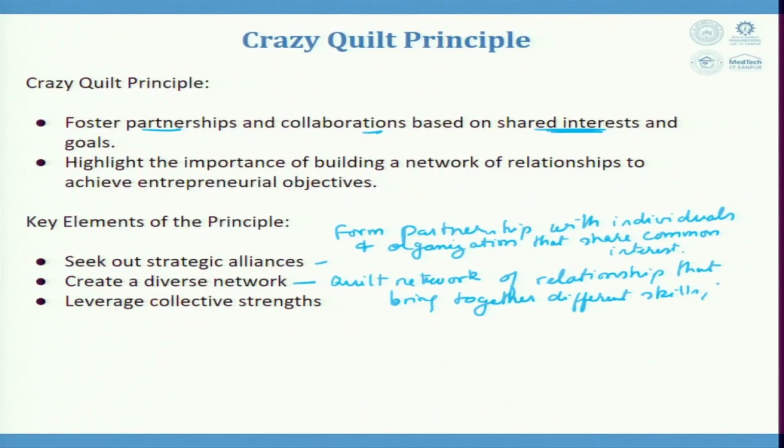We are all trying to join together to create a diverse network. So, different skills, resources, etc. Leveraging collective strength, it is 1 plus 1 leading to synergy, combining the capability of each. So, it is a synergetic movement, where 1 plus 1 becomes 3.